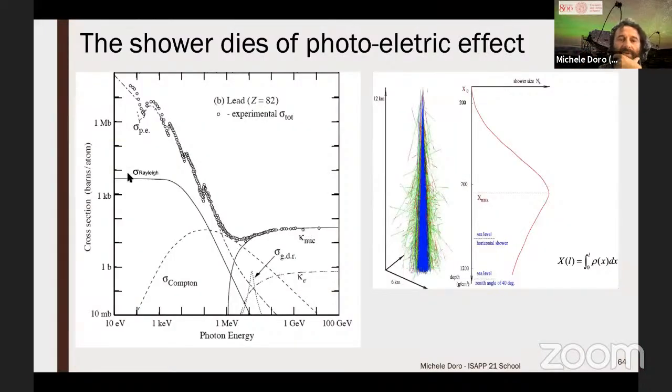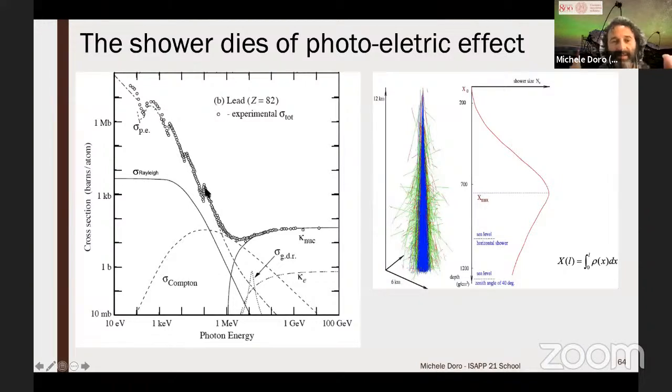So first of all, about the shower, you remember that the primary cosmic rays have high energies, so there is pair production, but at a certain point the energy of the particles in the shower must decrease, because you multiply them until you have Compton, and then you have the photoelectric effect, and this is where basically your shower dies.